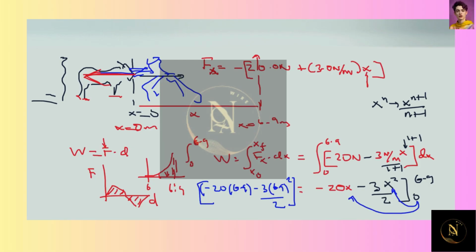So we only have one part of the integration. If you plug in those numbers in your calculator, you're going to end up getting the work done being negative 209 joules. It's obviously negative because remember your force is in that direction, so it's negative, assuming this is the positive direction. So negative force produces negative work.